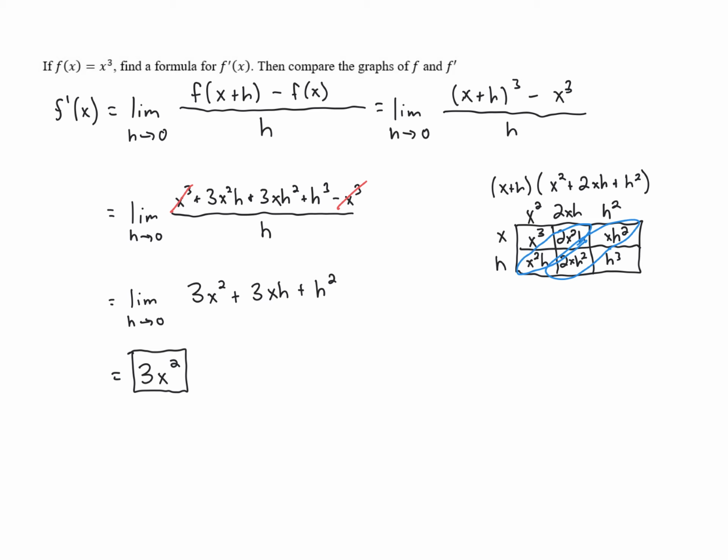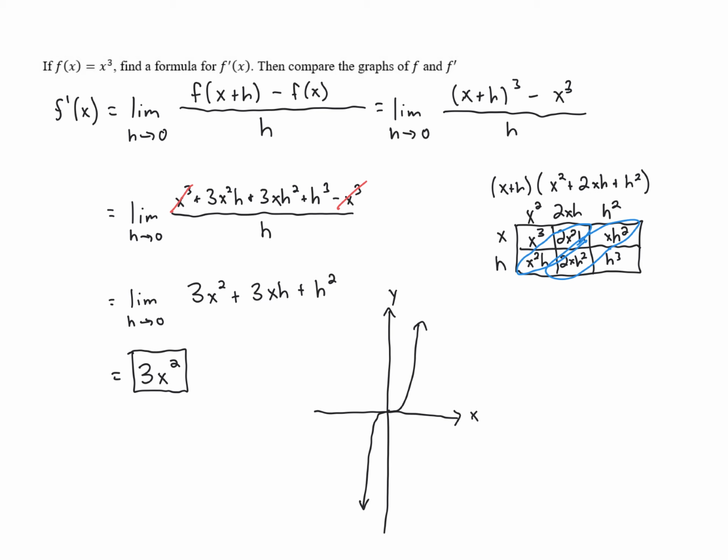Now, if we want to compare these graphs, I'm going to do a rough sketch here. We know that the graph of f of x equals x cubed looks something like this. It goes very steeply up to the right and very steeply down to the left, except it's a little flat in the middle, less steep there.